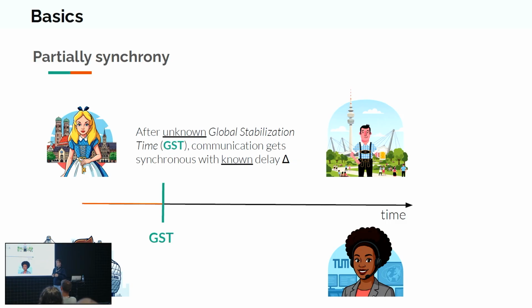Usually this is a protocol parameter. For consensus protocols, you basically assume that after GST, this delay is at most, say, 200 or 500 milliseconds, or something a little bit bigger.